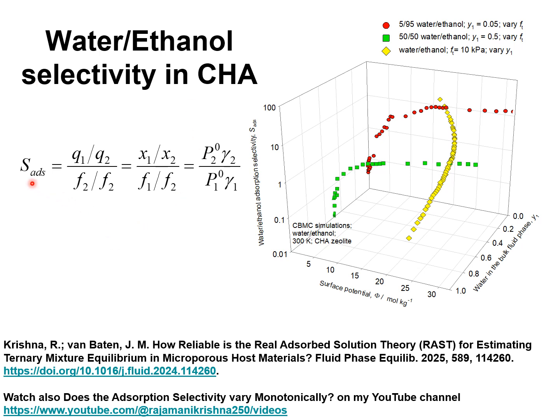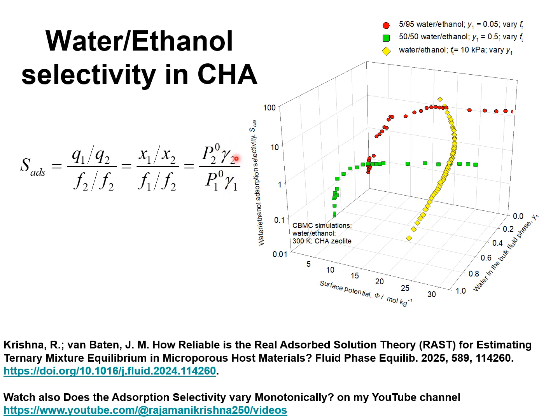Indeed, if we examine the expression for the adsorption selectivity, this works out as a ratio of the product of the adsorption pressure for component 2 times the activity coefficient for component 2, divided by the adsorption pressure for component 1 multiplied by the activity coefficient for component 1.